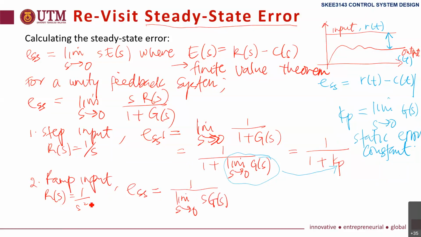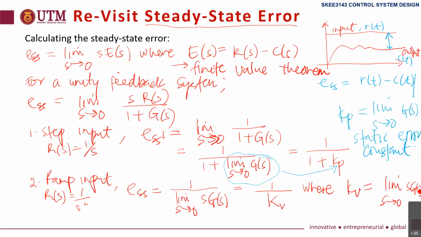I have substituted into this formula and you get this, which can be written as 1 over Kv, where Kv is limit s to 0 sG(s).